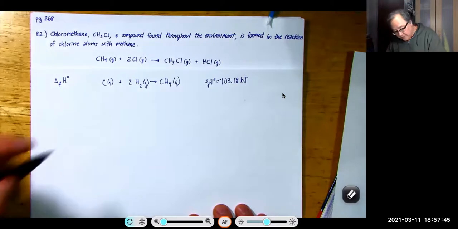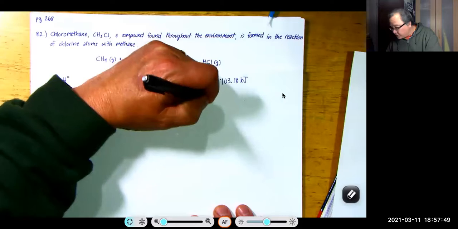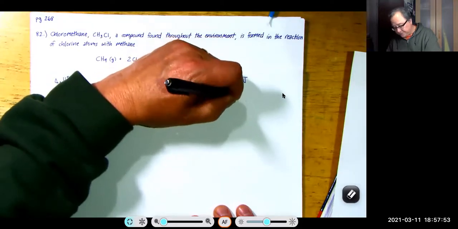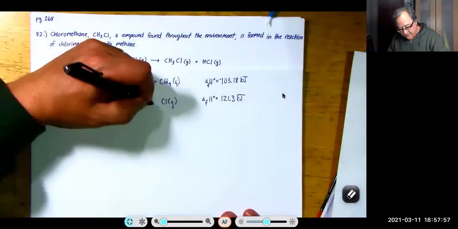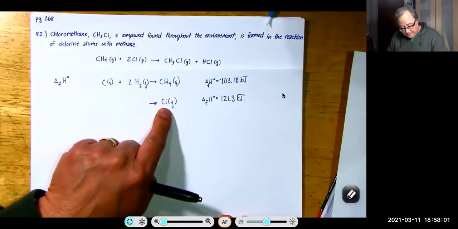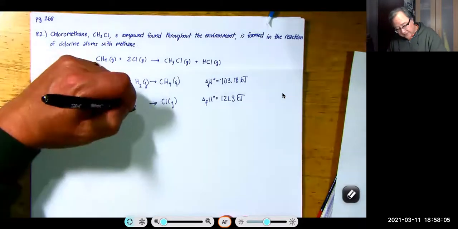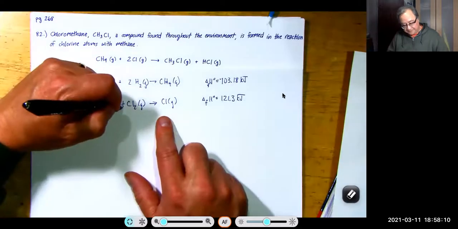Okay, so we need to do that for all of these. So the next one I'm going to put is Cl gas, and the enthalpy of formation for this one was 121.3 kilojoules. And here I'm leaving the per mole off. That's fine. Here, we're going to make exactly 1 mole of that. It's made from chlorine, which is a diatomic and a gas at room temp. And to make it balance, I have to put a 1/2 there.